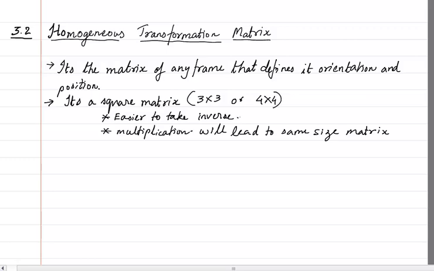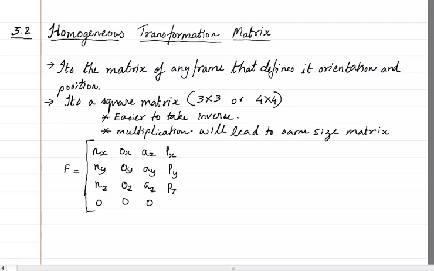Generally we will go for 4 by 4 because already we have studied that, and we have seen that the frame is generally represented by a 4 by 4 matrix in which there are 4 rows for nx, ny, nz, 0, ox, oy, oz, 0, ax, ay, az, 0, and the last is the position one, which is px, py, pz with a scaling factor of 1, and that is the homogeneous matrix.